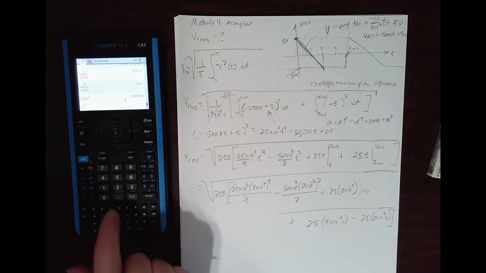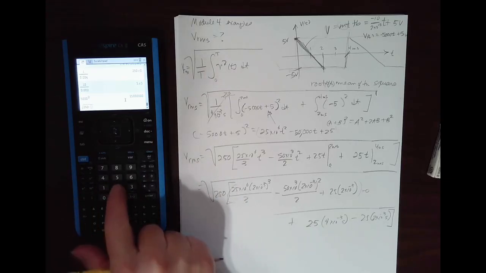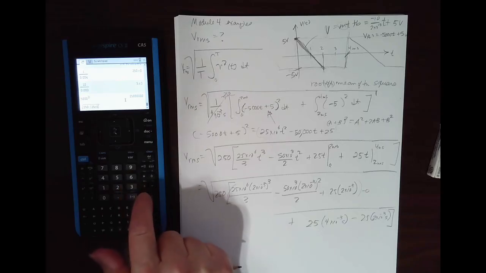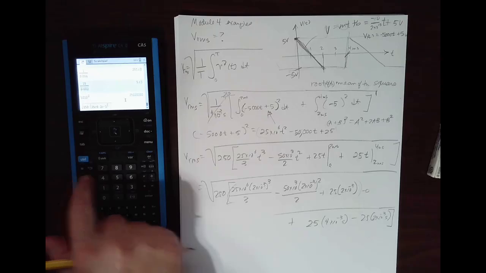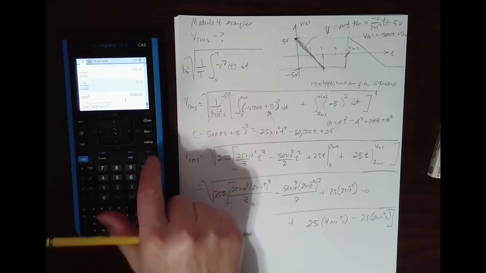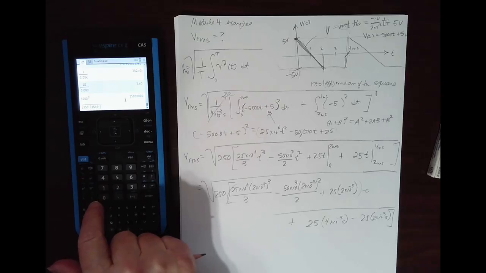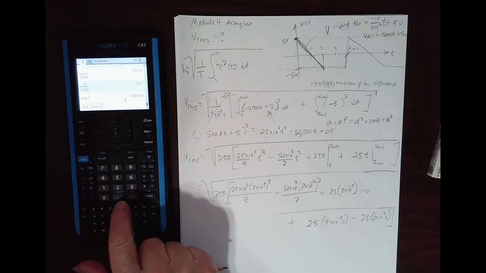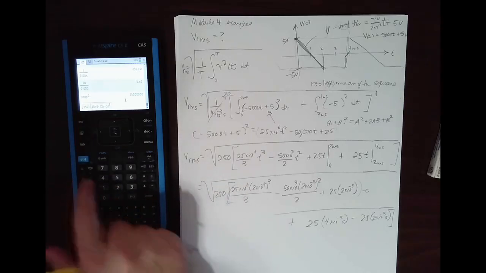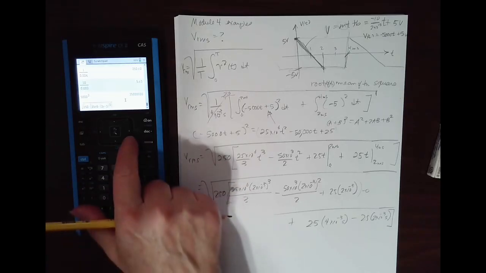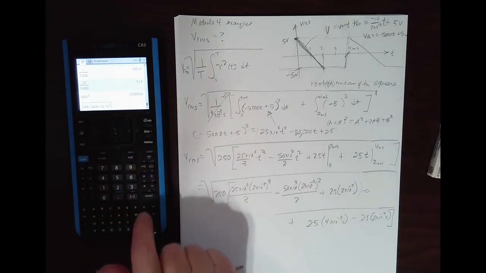So we got square root of 250 times, in parentheses, 25e6 times 2e negative 3 to the 3rd power. And let's make sure that it all gets to the 3rd power. Okay, oops, not outside there.